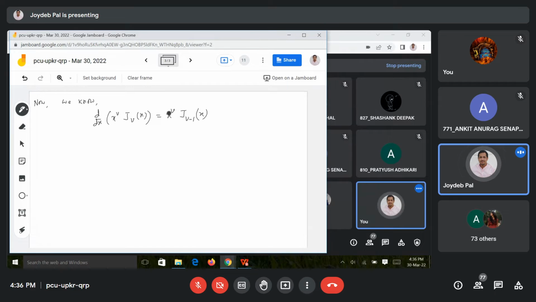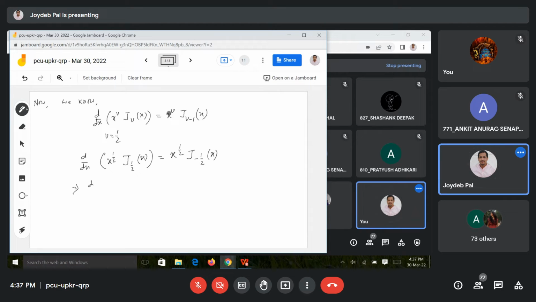Now, if you take nu equal to half, it will be a relation between j half and j minus half. Are you getting or not? I am taking nu half, so it will be d dx of x to the power half j half x is equal to x to the power half j minus half x.